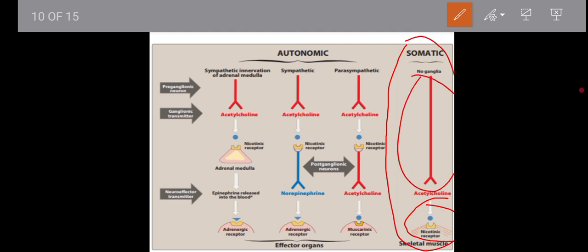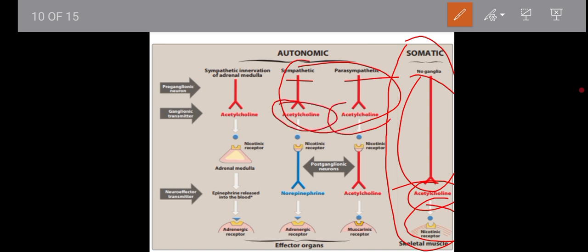Just one fiber releasing acetylcholine as a neurotransmitter. If you see parasympathetic and sympathetic preganglionic fibers, both are releasing acetylcholine. So acetylcholine will act in the presynaptic or the preganglionic fiber on the nicotinic receptors, which are NN type of receptors.